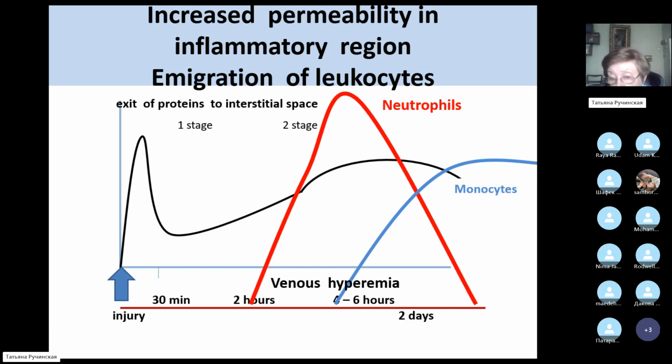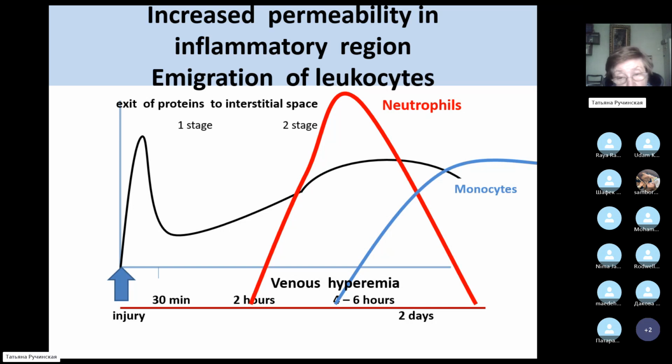And as for monocytes, according to this graph, you see they increase their numbers when the neutrophil number decreases.